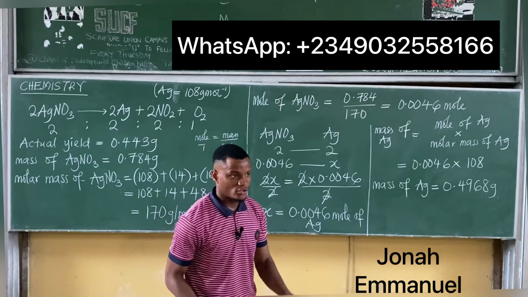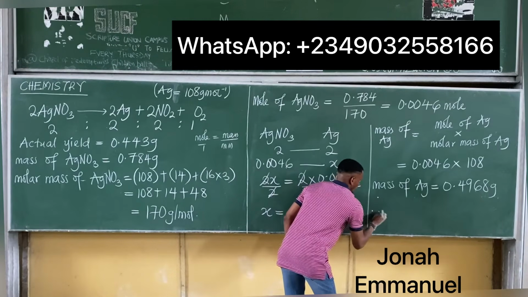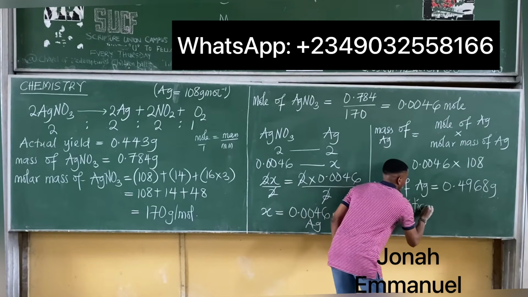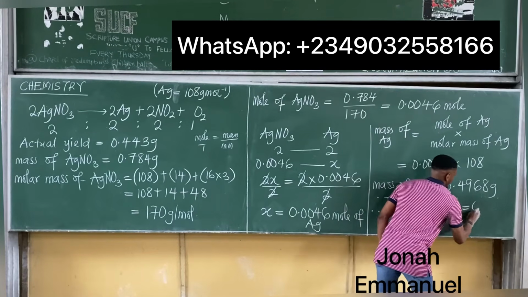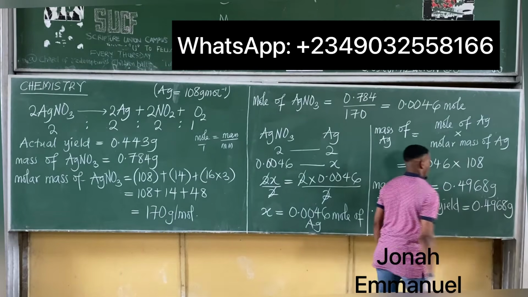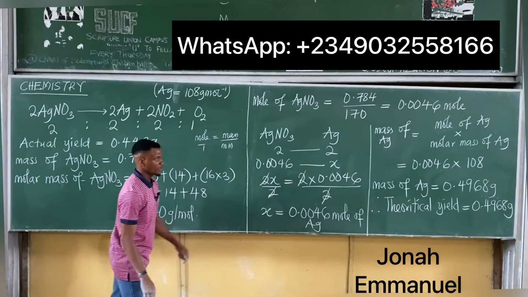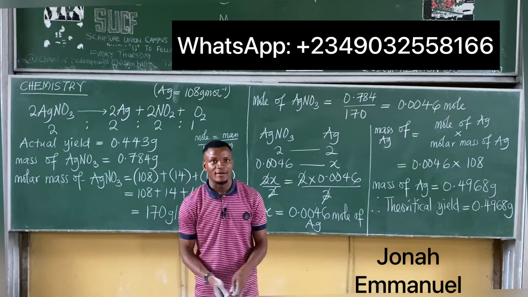This value, the mass of the element as calculated, is equal to what? The theoretical yield. So therefore, the theoretical yield is equal to 0.4968 gram.